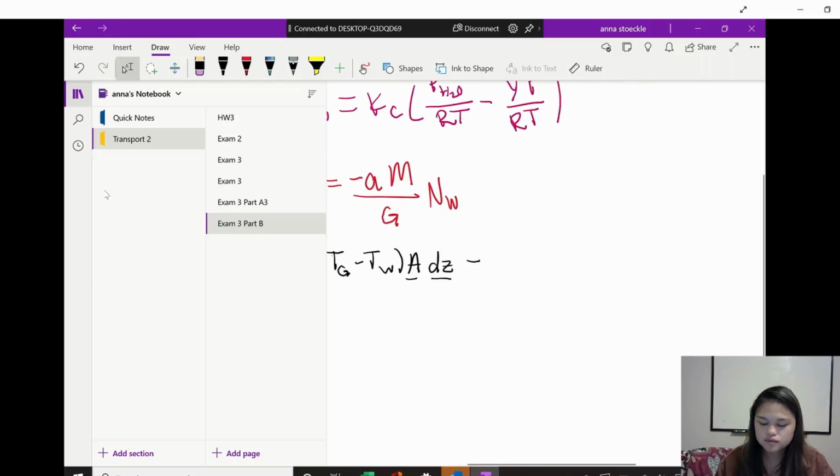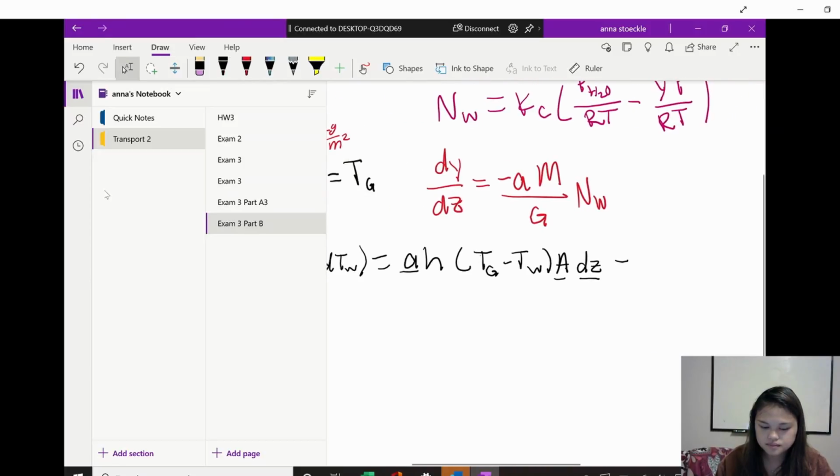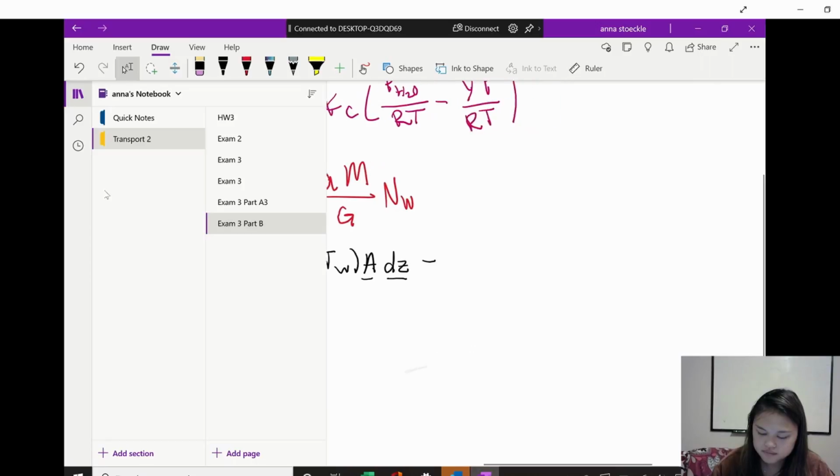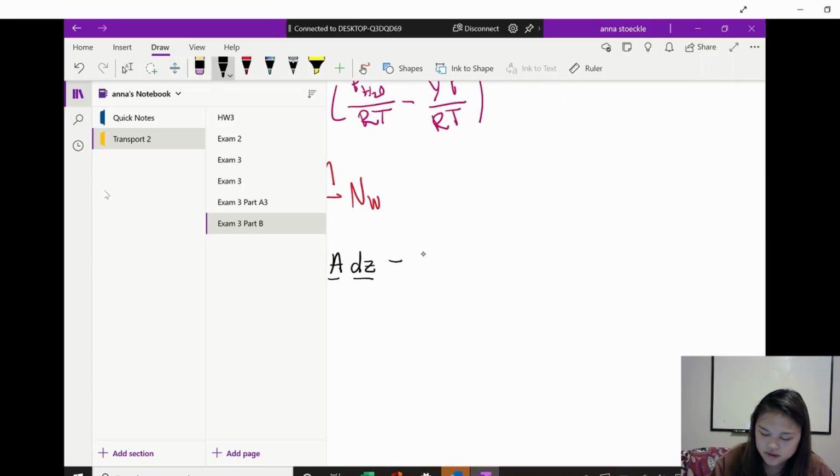So this was the evaporation, and now this is going to be that heat transfer between the air and the water. And so we're going to have that heat of vaporization, that molar flux, remember, of the water that we did before, that specific area, and that change in distance. So that would be our volume. And this is the molar flux of the water interface to the air.